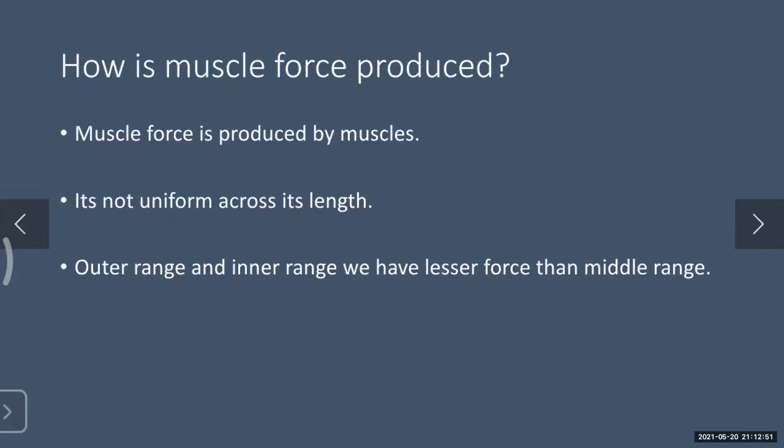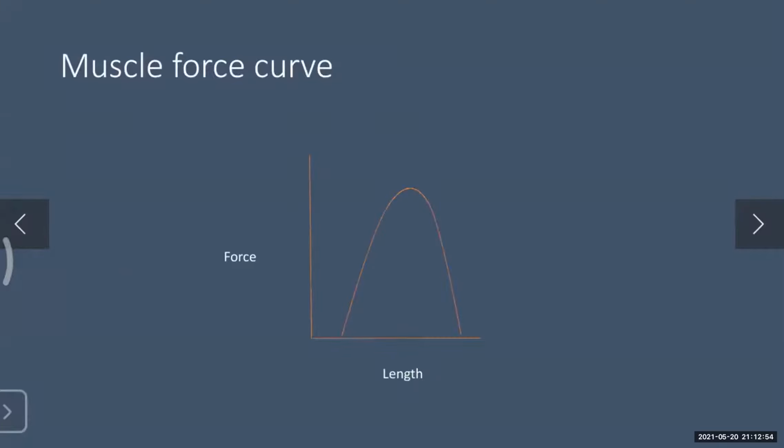If you see the curve of how much force for different lengths of muscle, we see this kind of curve, correct? So can anyone explain why the force is more in the middle part and lesser in the outer and inner part?